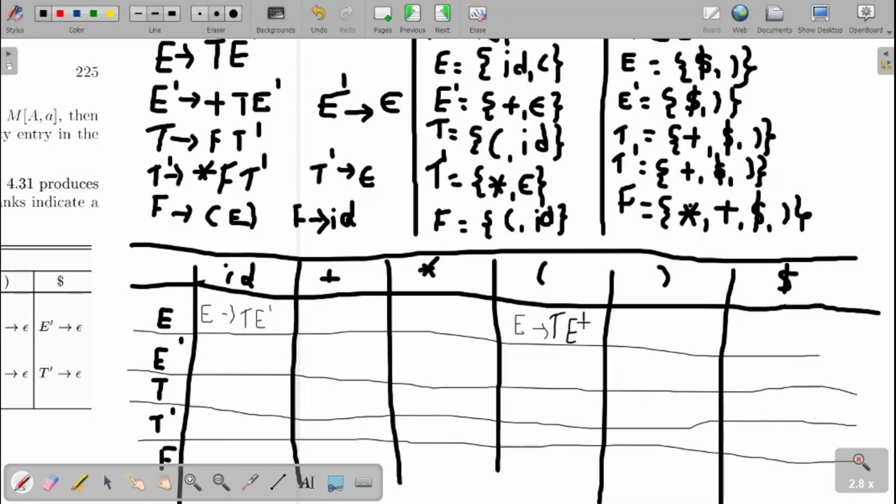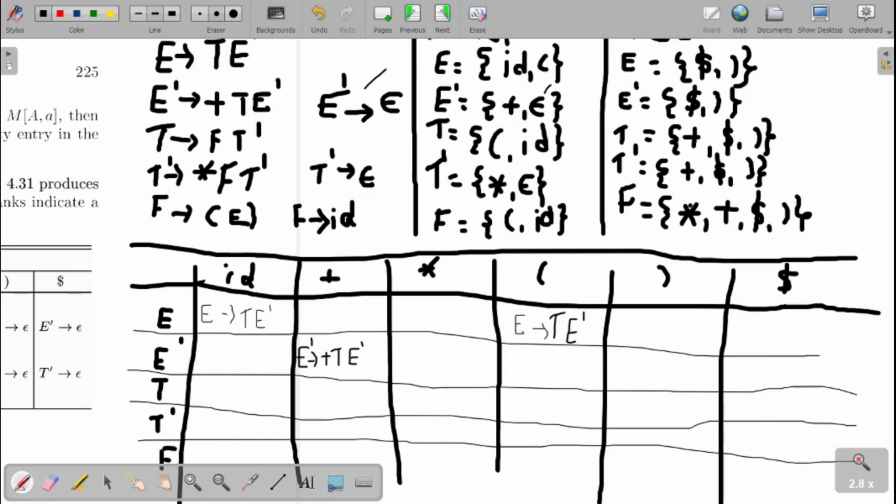Then next, for the E dash. For the E dash, we have the plus and the epsilon. So for the plus, you write the production which is yielding the plus as the start symbol. That is E dash derives plus T E dash. Now I am getting this epsilon.